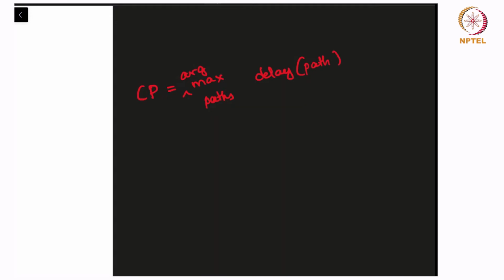That is, find that argument path, such that the delay of the path is maximized. Critical path is that path P for which the delay of that path P is maximum.